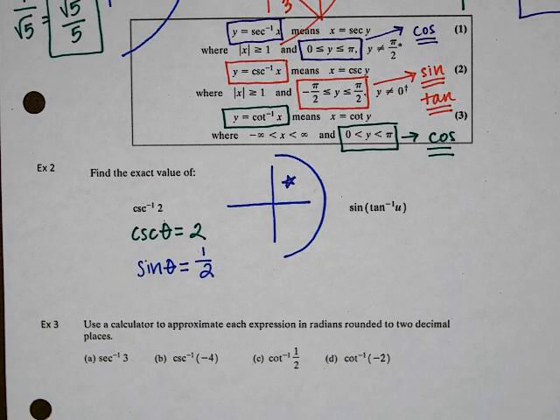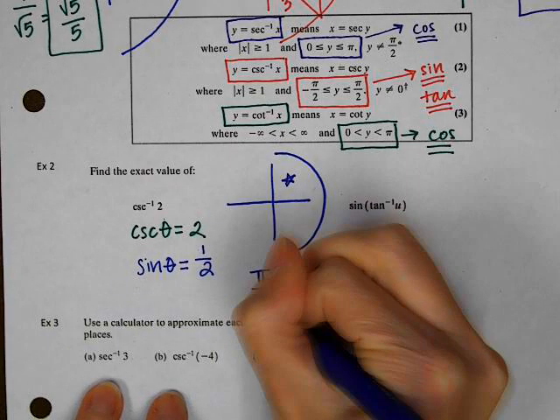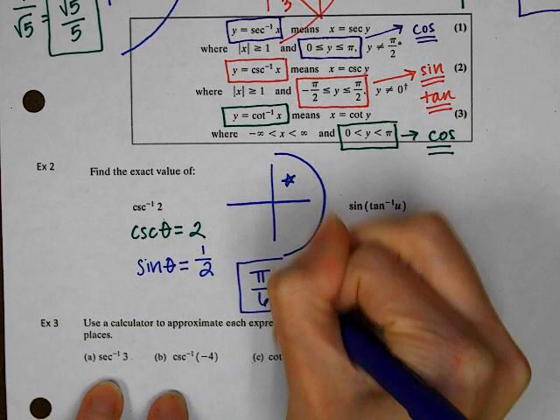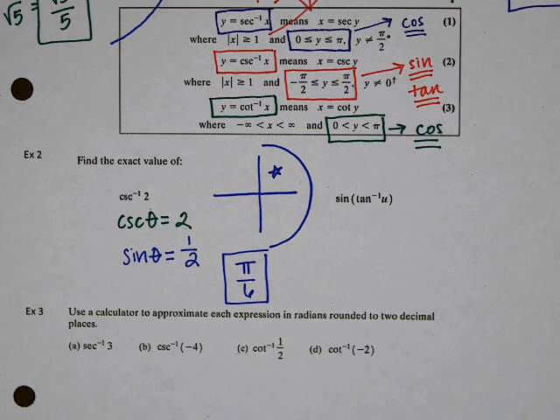So in quadrant 1, when is sine 1/2? And that is at pi over 6, just knowing your unit circle. Okay, number 2. Okay, well, there's a letter here, so what do we do with that? I'm just going to draw a triangle like we did for the first few.